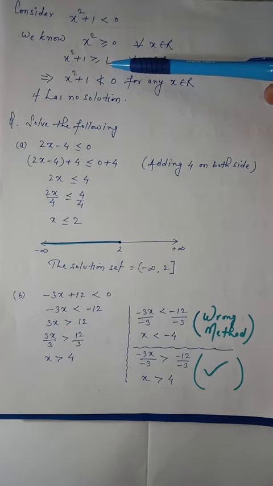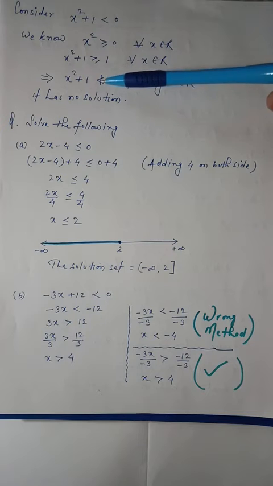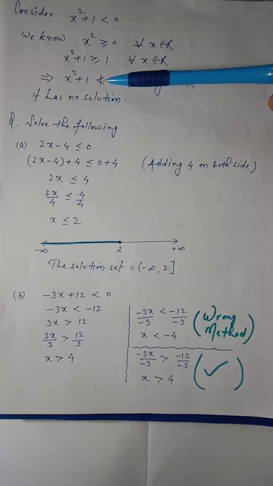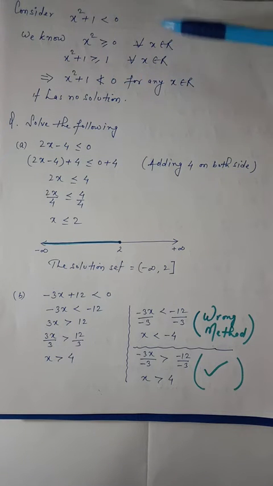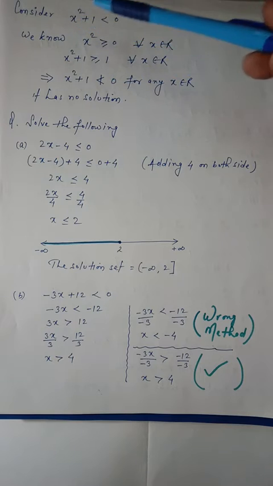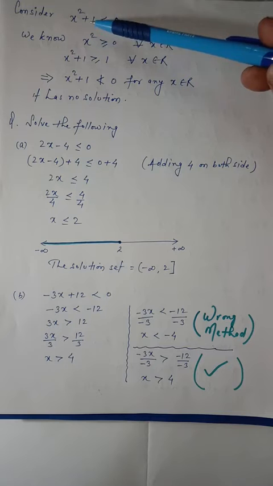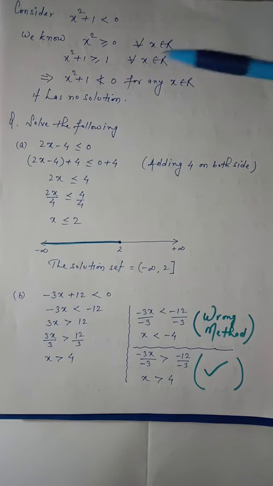So we can say x square plus 1 can never be less than 0. This is a sign of less than, and I have cut this sign by a vertical line. So x square plus 1 is not less than 0 for any real value of x. You put any value of x here, but you will never get a negative number. So this inequality has no solution. I hope it is clear.